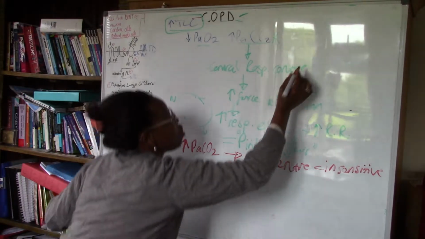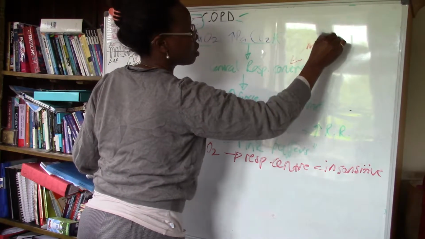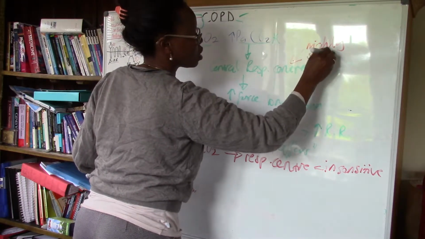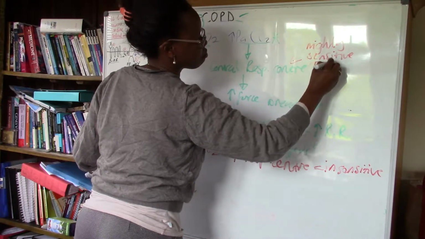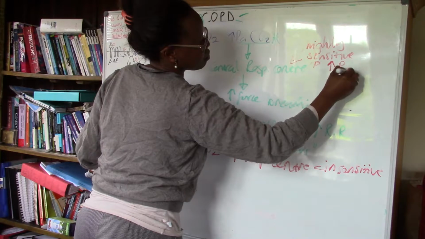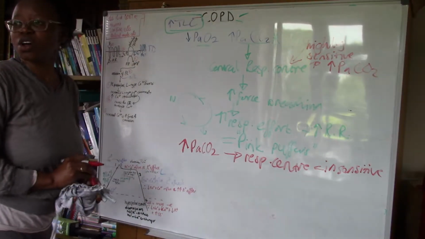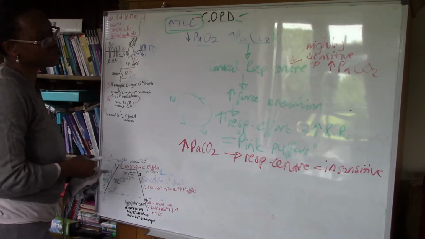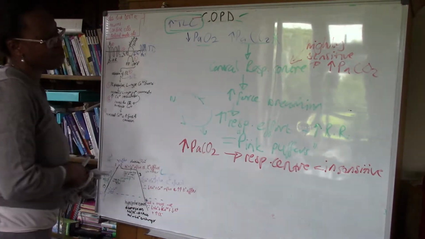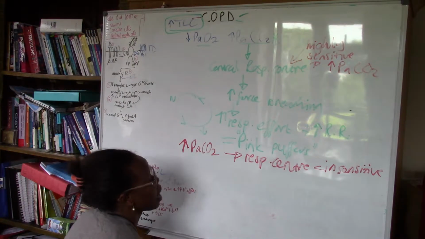Whereas normally, the respiratory center is highly sensitive to hypercapnia. So if it loses that high sensitivity, it becomes much more insensitive to hypercapnia.